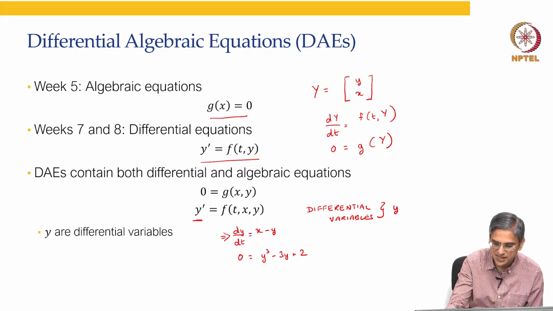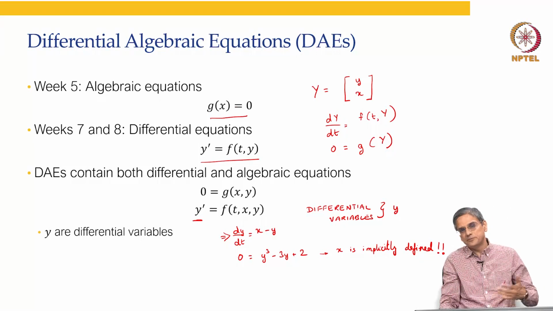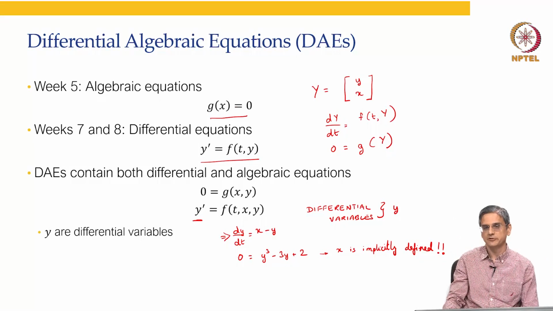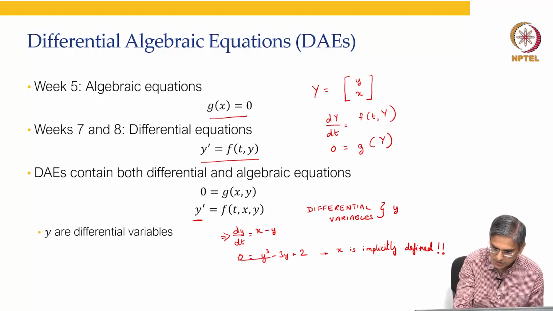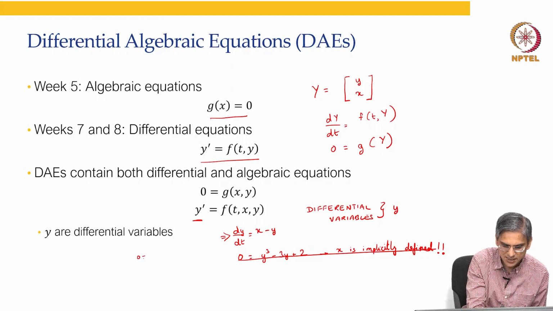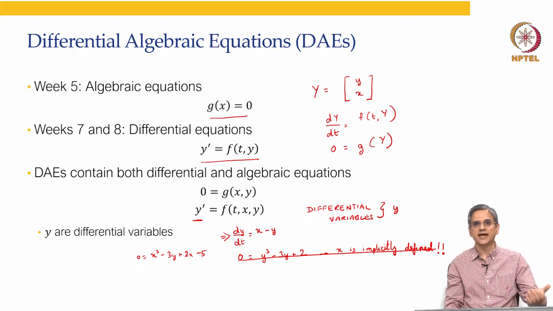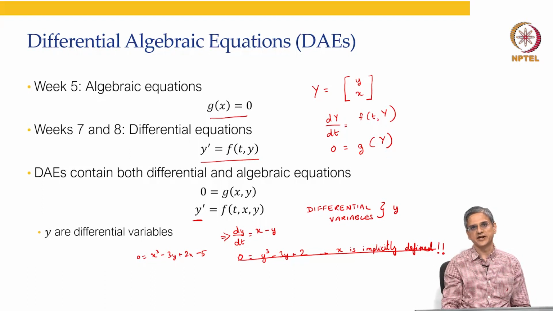So this is an example where x is implicitly defined, indirectly defined, and that's actually quite fine. Oftentimes the equations are going to be dy/dt equal to x minus y and 0 equal to something like x cube minus 3y plus 2x minus 5, and that becomes an example where x and y are explicitly defined.